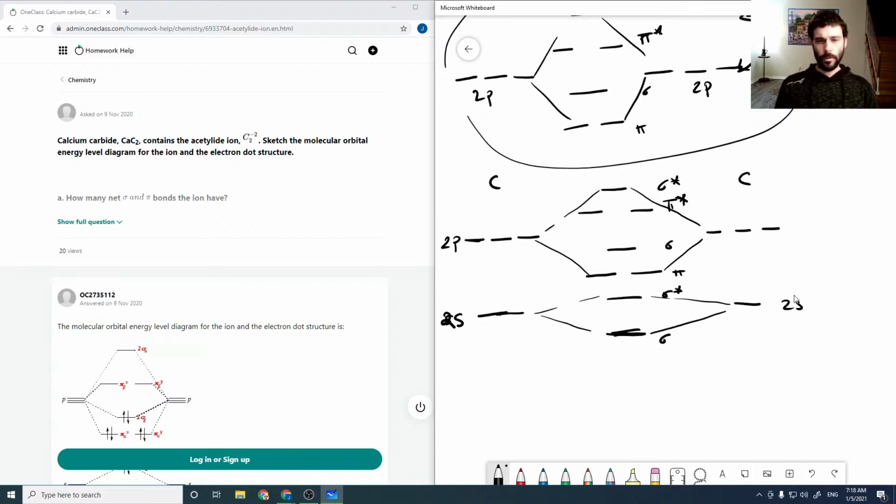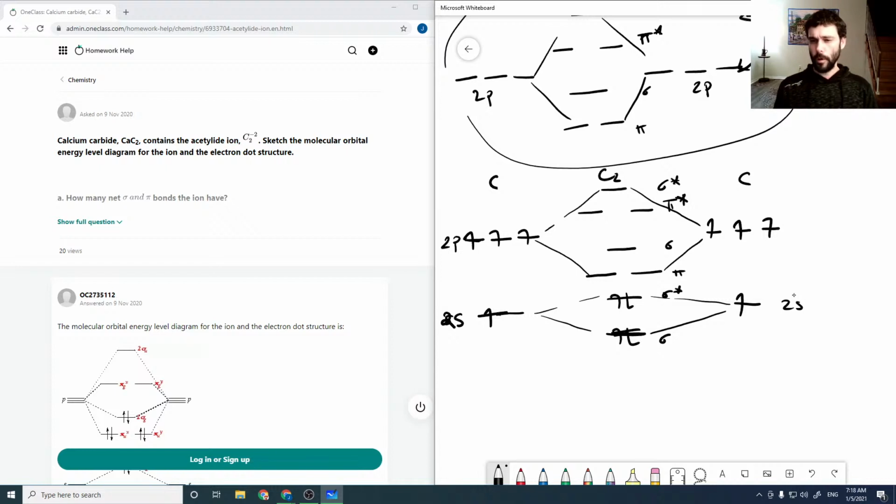Okay, so in carbon we would normally have 4 valence electrons. And so then in C2, oops, what am I doing? All right, so then in C2, we would have piling in all these electrons.